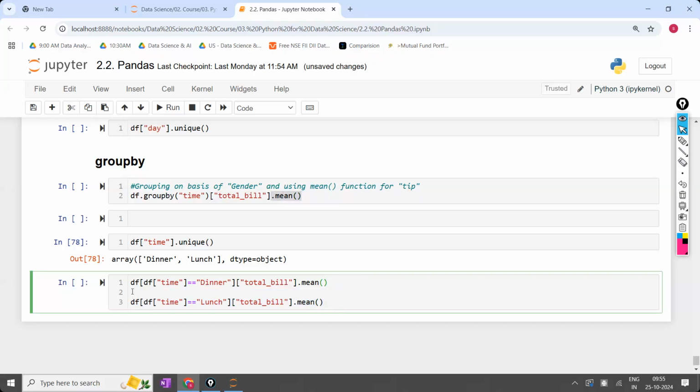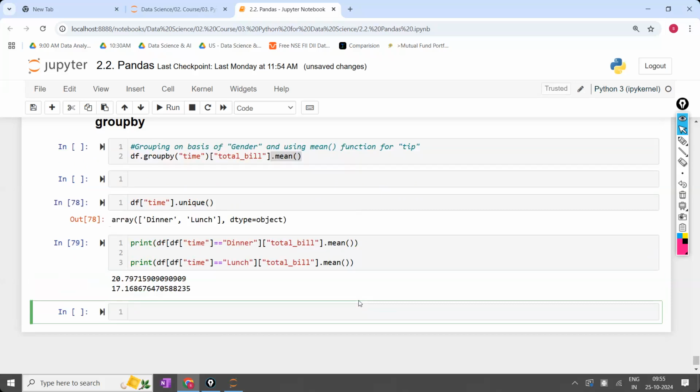Just I'm trying to print this. Without print, this will not be printed. When you have multiple things, you have to use print. So now I'm using print. Dinner time, the average bill amount is 20.79.